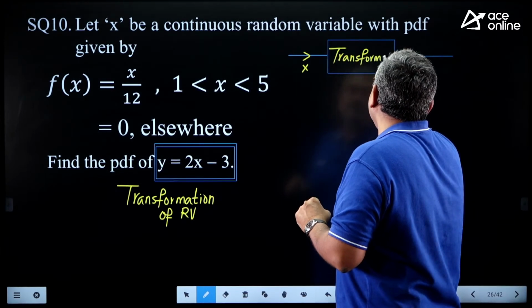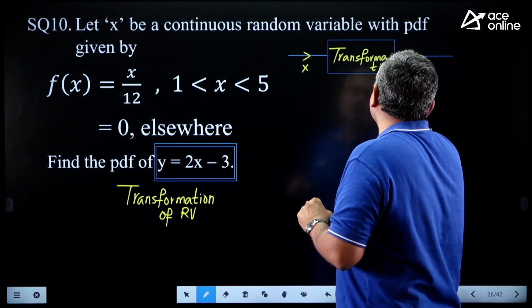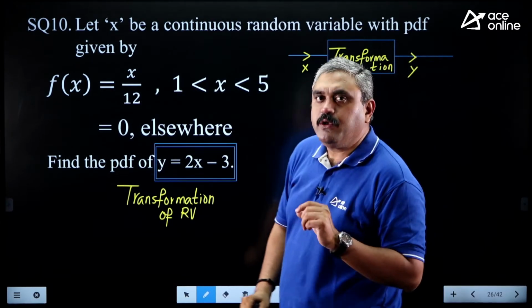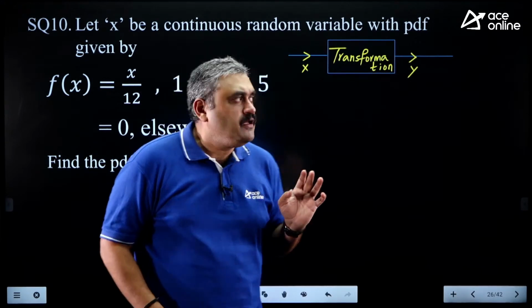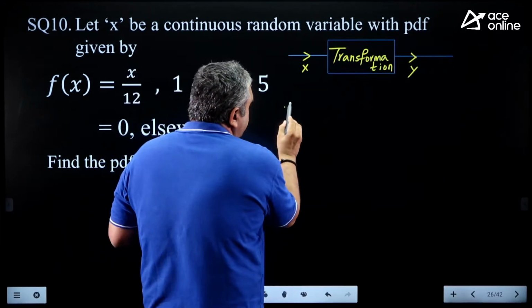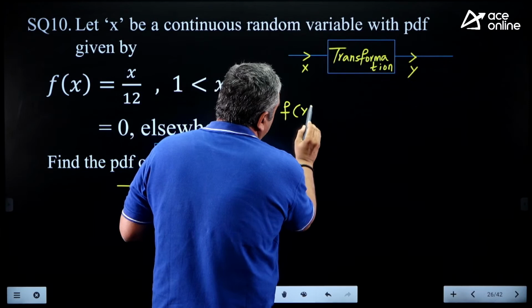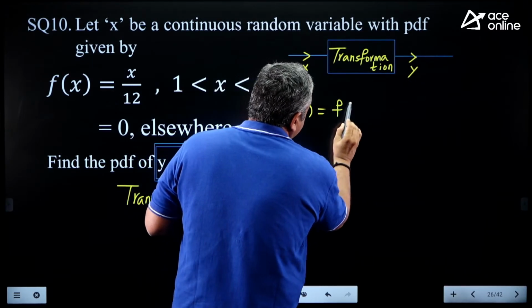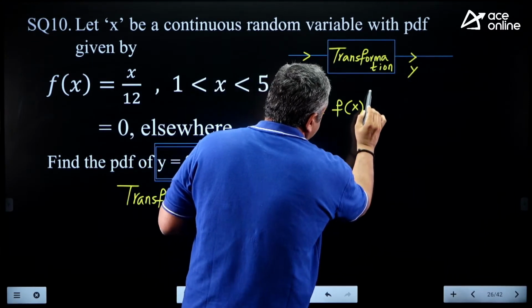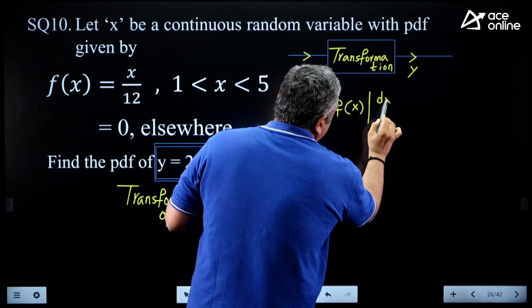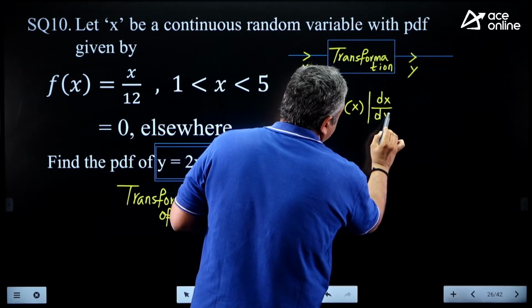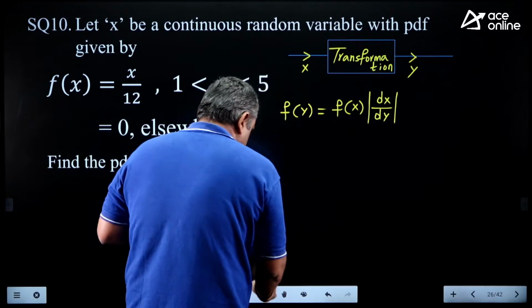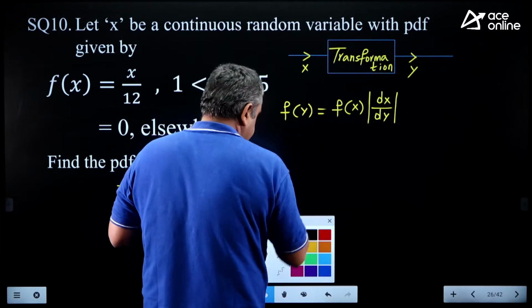That transformation is given to you as y equal to 2x minus 3. So how will we do that? The density function of the new random variable y is equal to the density function of the random variable x multiplied by mod of dx by dy. This is a formula. You have to remember this.